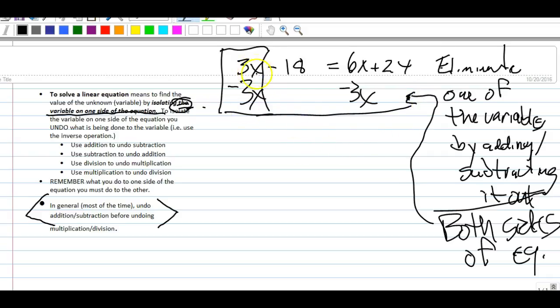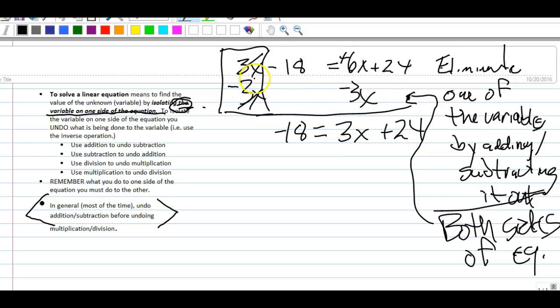The 3x and the minus 3x will do each other in, and that's what I want to happen. I want the variable on one side of the equation to go away. So that leaves me simply with minus 18 is equal to 6x minus 3x. I have unlike signs, so I subtract. 3x from 6x is 3x plus 24.